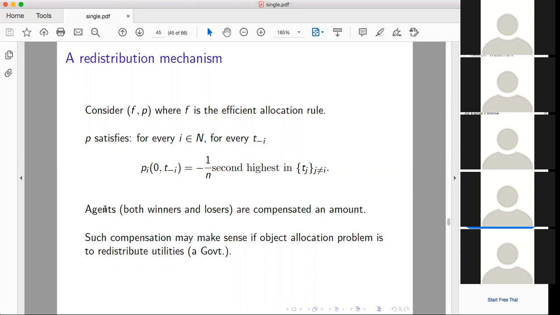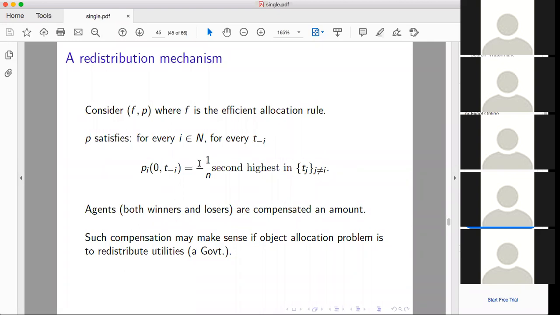Remember that this allocation rule is efficient. So if there are n agents, then the highest valued agent realizes his value, and this Pi 0 T minus i choice is a way of redistributing that value. Okay, we'll see how that happens.